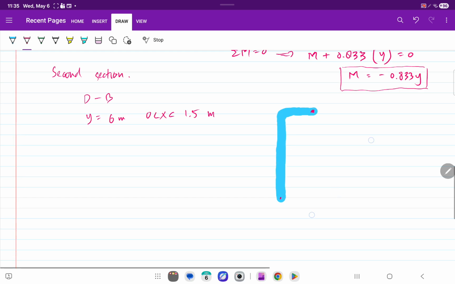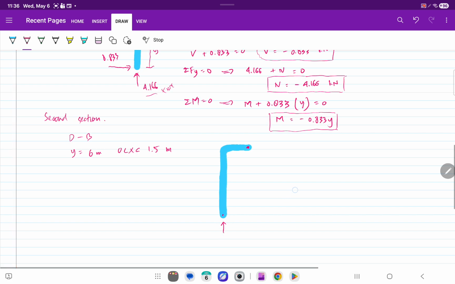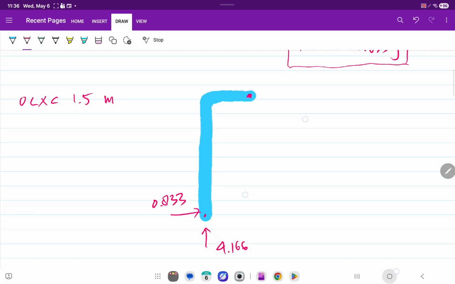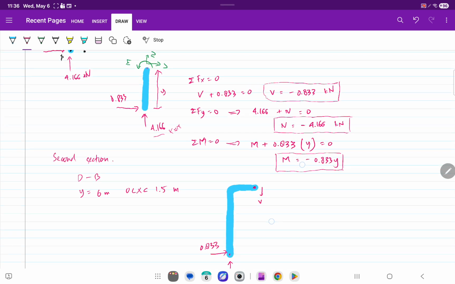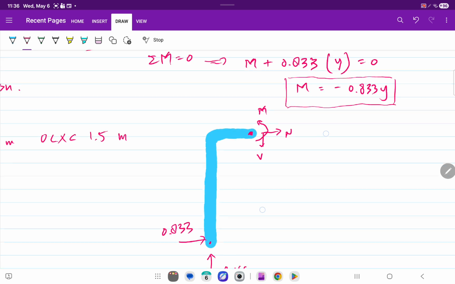This is point A, you have 4.166, 4.166, 0.833, and then if you section like this, this will be your V. This will be your N. This will be your moment.